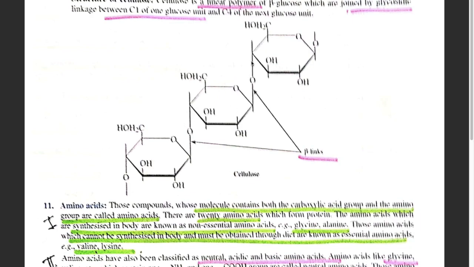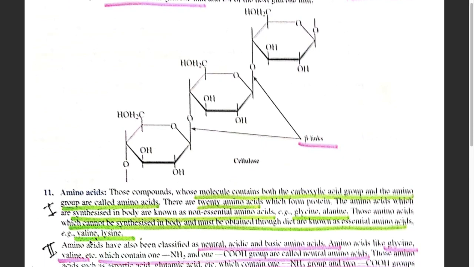So this is all about the polysaccharides. One more polysaccharide I want to tell you about is glycogen. In glycogen, the monomer is alpha-D-glucose, and it is also known as animal starch because its structure resembles the amylopectin fraction of starch, but it is found in the body of animals, hence it is called animal starch.